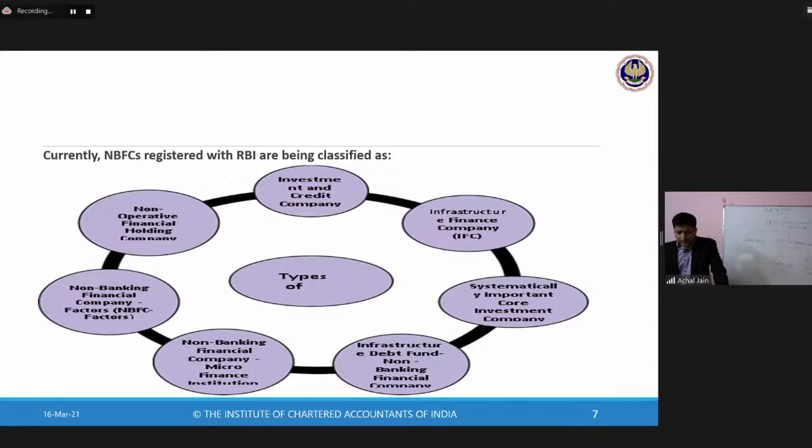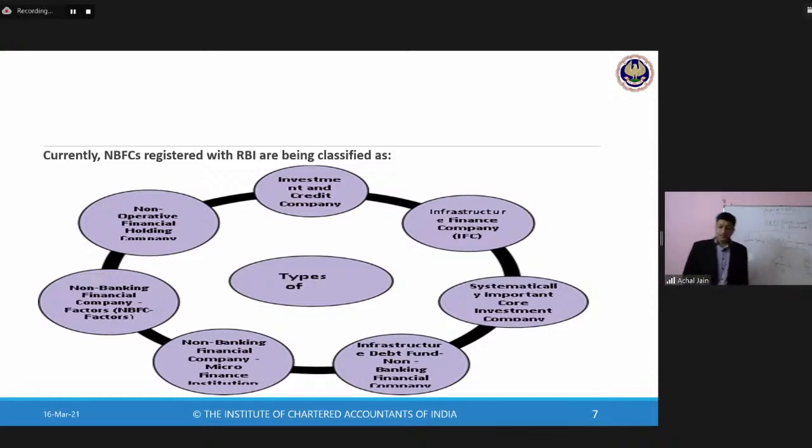Then we have microfinance institution. Then we have NBFC factors. Then we have NBFC non-operative financial holding company. Now these are various technical terms and we don't need to get into all of these technicalities. That is not really required to be understood in so much detail.